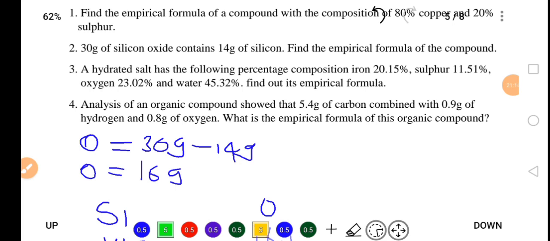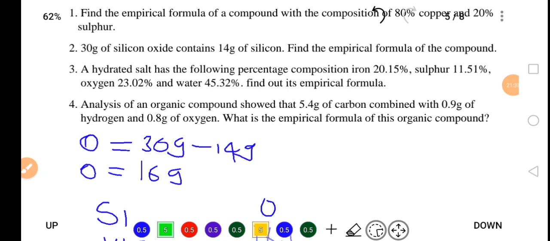A hydrated salt has the following percentage composition. Iron, we have 20.15%. Sulfur, we have 11.51%. Oxygen, we have 23.02%.